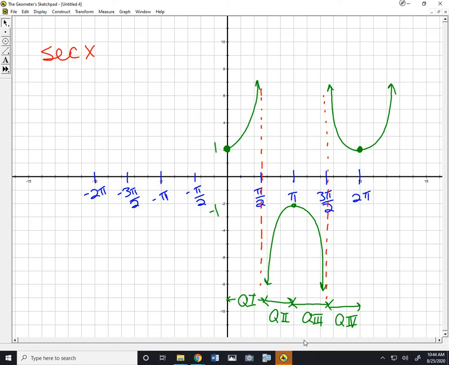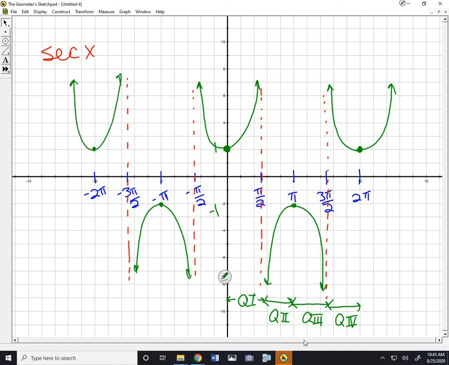On the left side of the graph, I will have asymptotes at negative pi over 2 and negative 3 pi over 2. And I will continue to have these U shapes. That wasn't a very good one. Sorry about that. Opening up and opening down in an alternating fashion as we go across the graph.